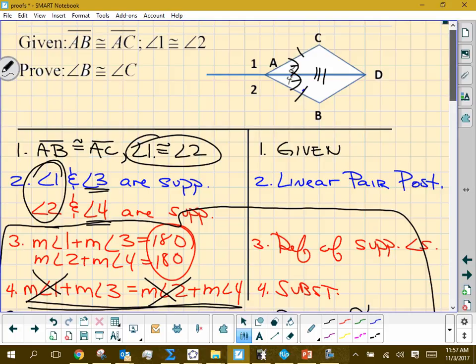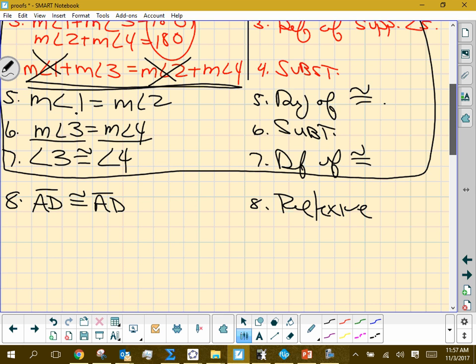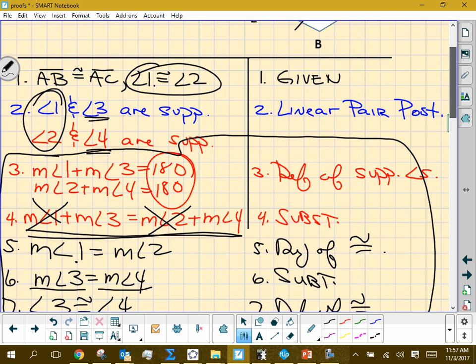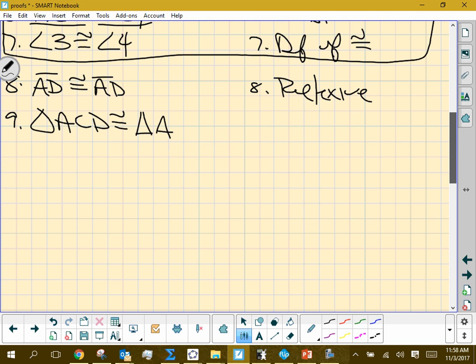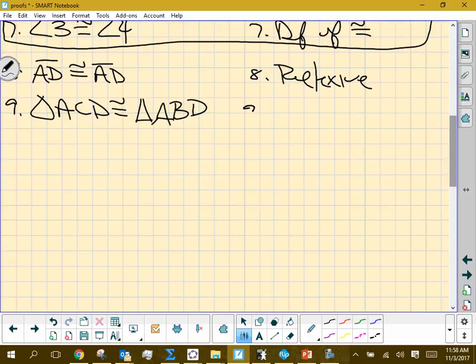Yeah. So I'm going to go ACD and then ABD. Triangle ACD is congruent to triangle ABD, and that is side angle side.